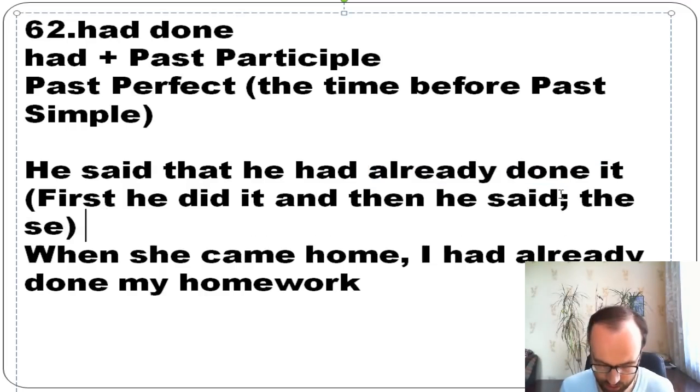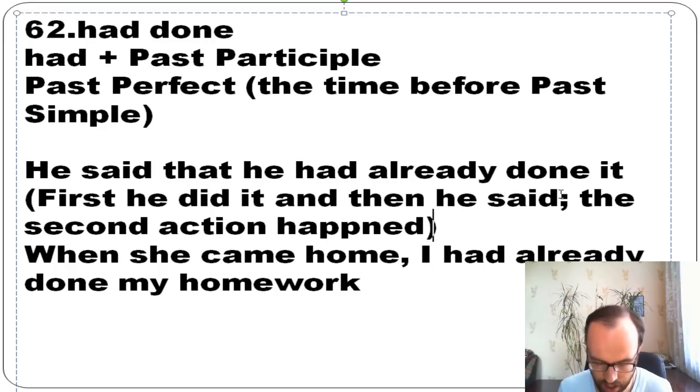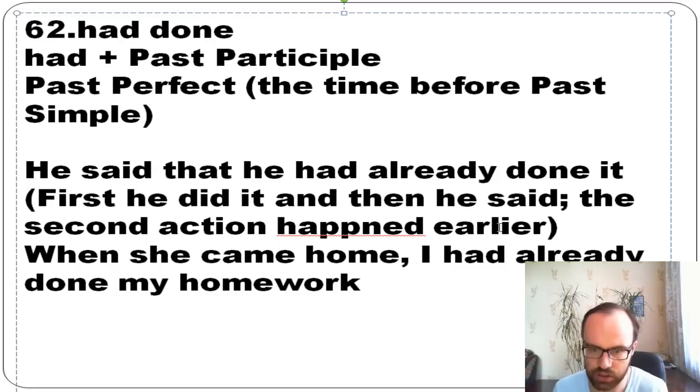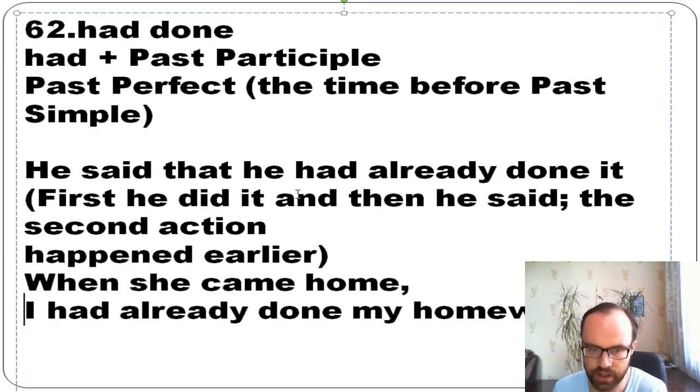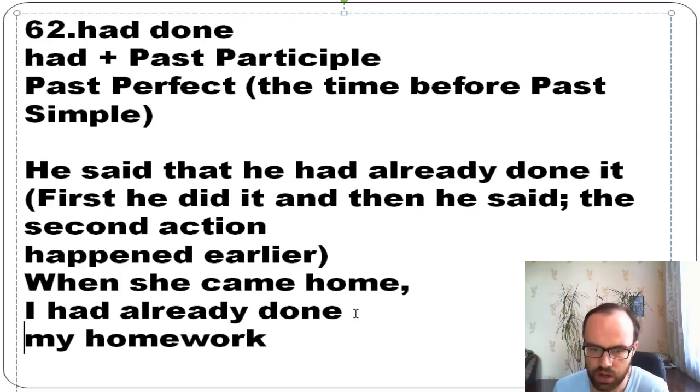You see that the second action happened earlier. Yes? He said that he had already done it. So first he did, and then he said. Okay? Next, when she came home, I had already done my homework. So I did my homework, and then she came home.